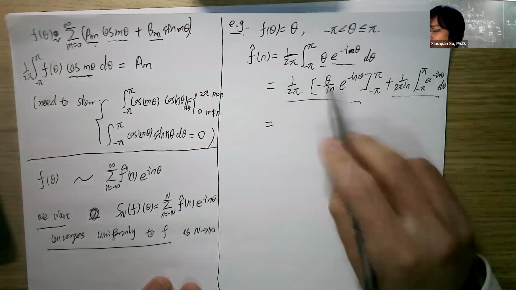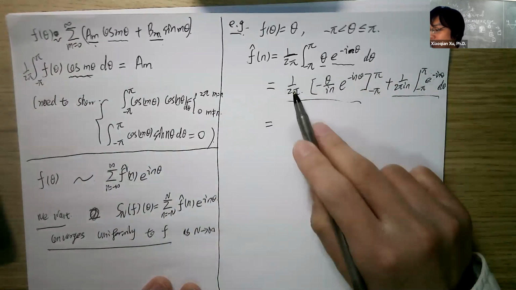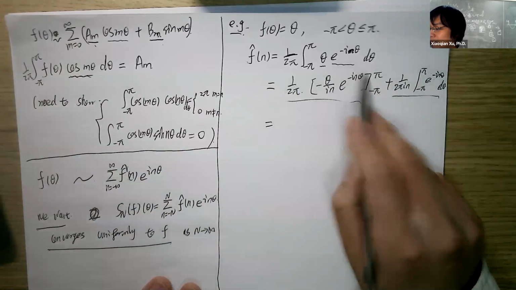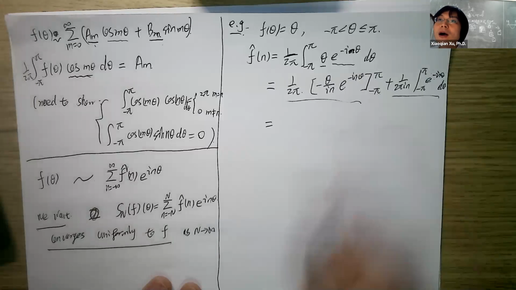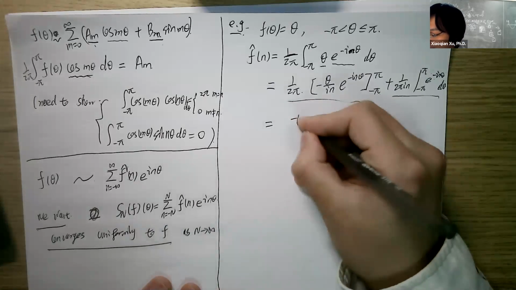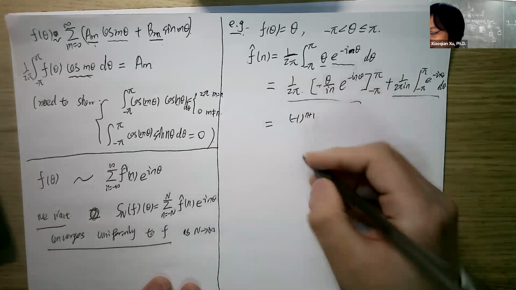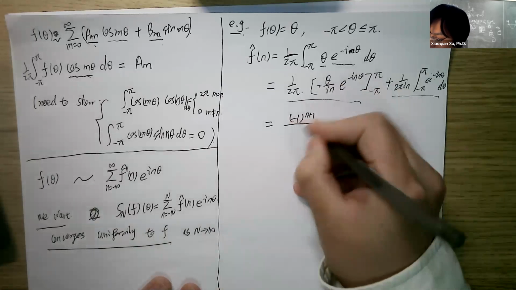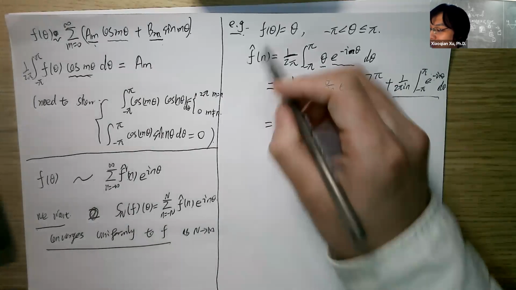For the boundary part, if you plug in pi and minus pi, this term becomes minus 1 to the power n. So eventually what you get is minus 1 to the power n plus 1, because you have n plus 1 here, divided by i. This is the Fourier coefficient of f theta equals theta.